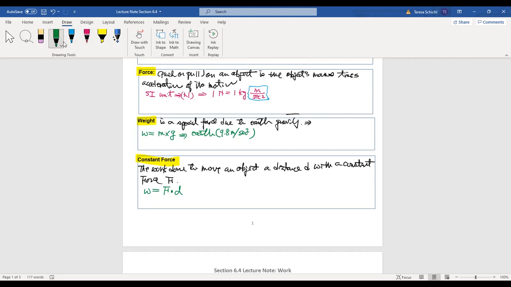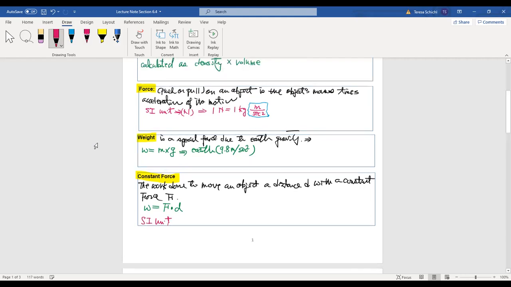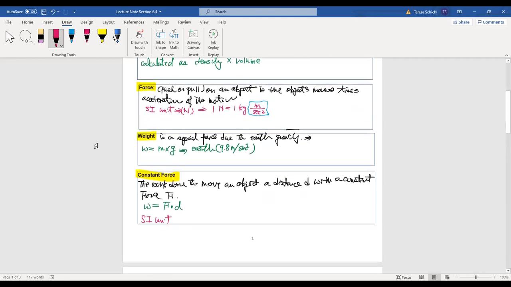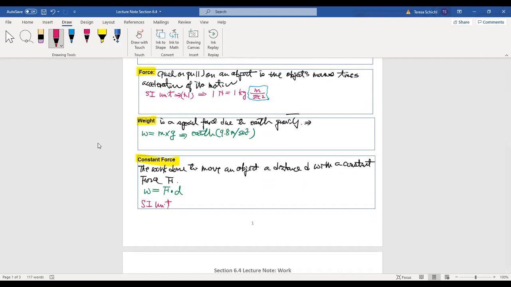Now let's also take a look at the SI unit for the work. The SI unit for the work is the force times the distance.